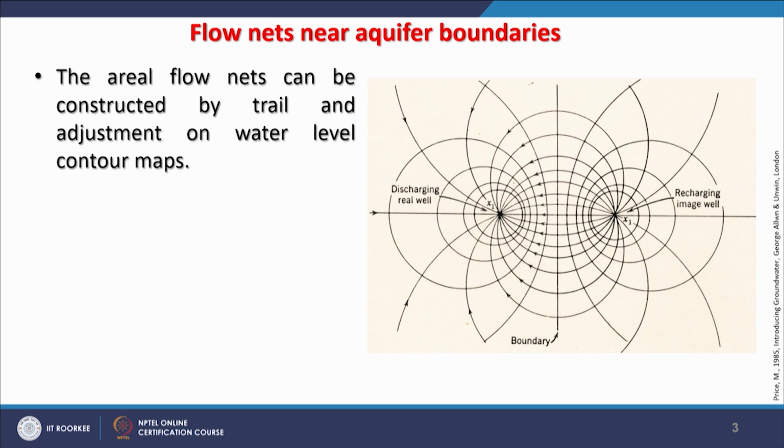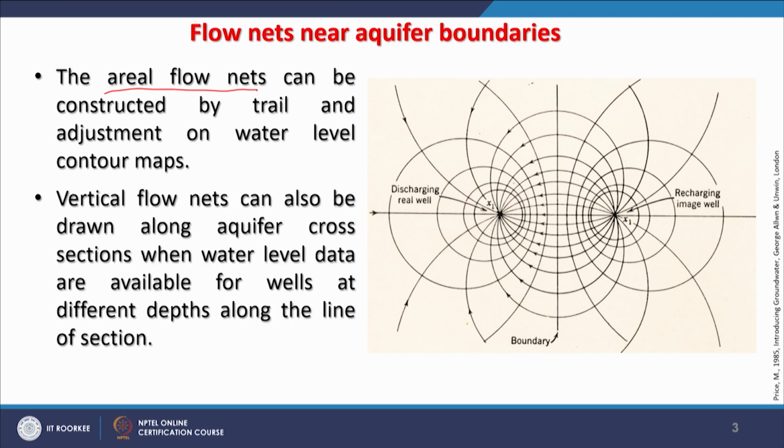One type of flow nets, that is aerial flow nets, can be constructed by trial and adjustment on water level contour maps. As we have seen in these flow nets, we are having the flow lines or the contours having different values or different depths, and there are flow lines which are indicating whether it is a recharge or discharge.